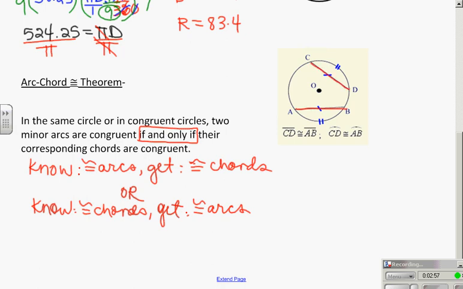If this piece and this piece are equal, no matter how I slide them across my circle, it should feel good that the part they cut off, that arc they cut off, is the same. And that's all that theorem is saying.